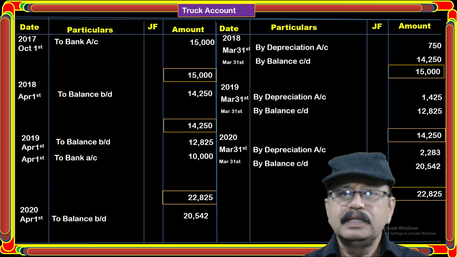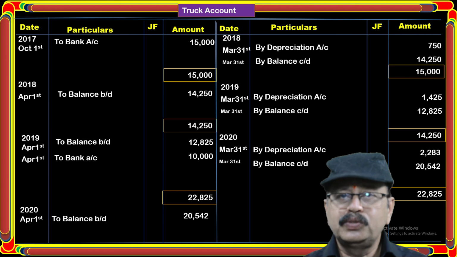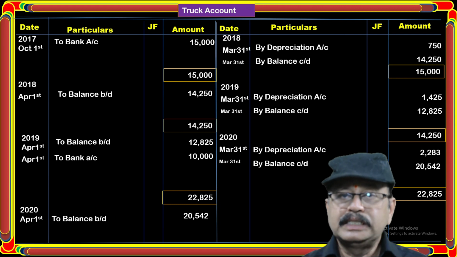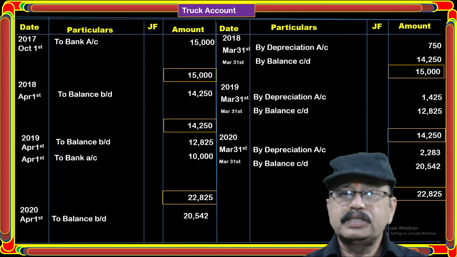I think this second problem also you understood very well. Practice more problems to get perfection, and if you have any doubts you can ask me. I think this second problem on the diminishing balance method gave a very clear understanding about the topic. Thank you very much.